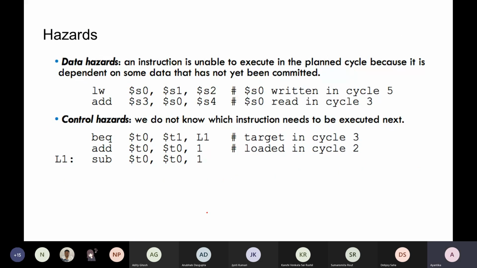Now come to the control hazard. Again, you draw the 5-stage pipeline. You are telling here BEQ. BEQ means branch if equal.